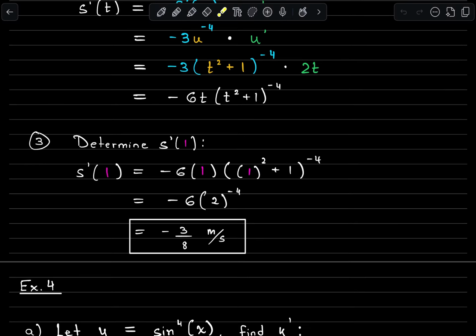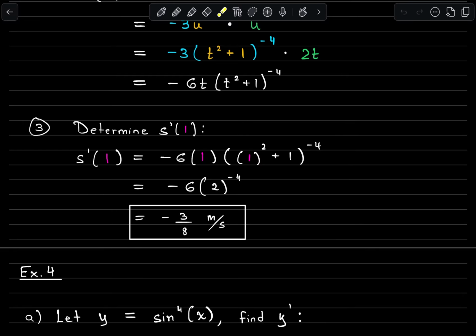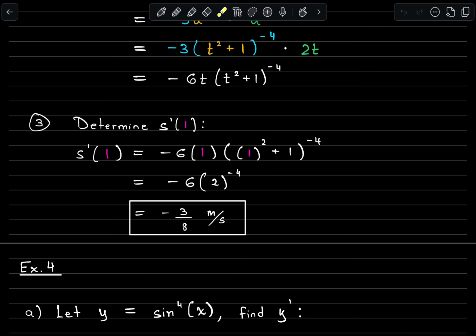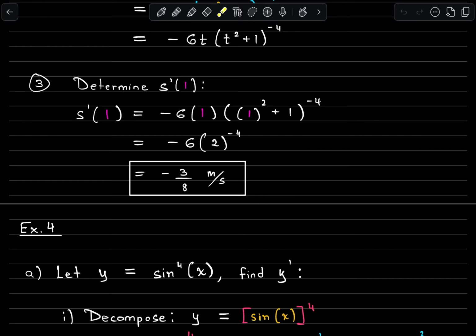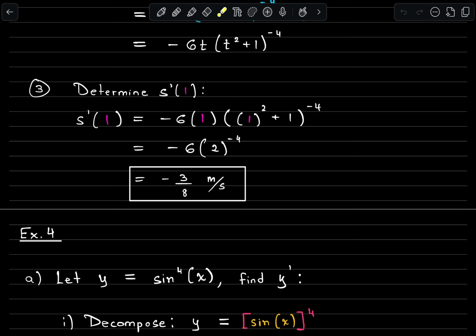Let's see our next example. Let y equals sine to the 4th of x, or sine of x raised to the 4th power. Find y prime. Okay. So you can see I've rewritten this as sine of x inside, the quantity on the outside raised to the 4th power.